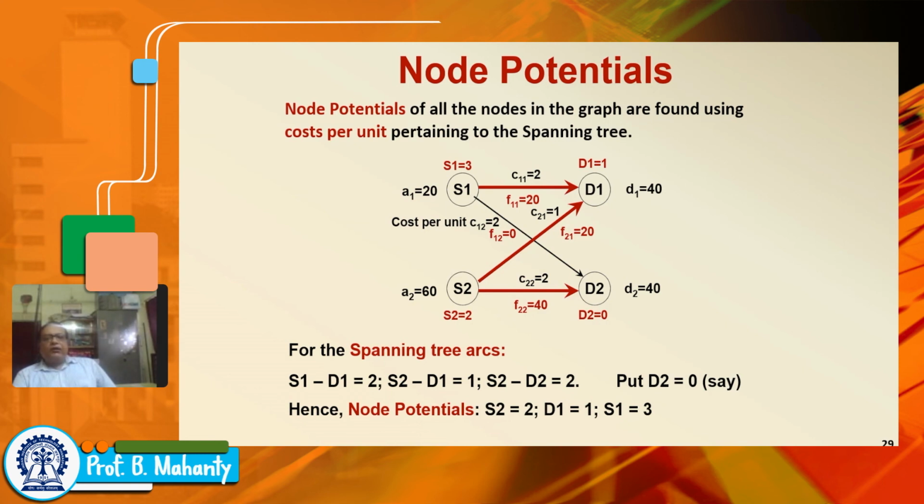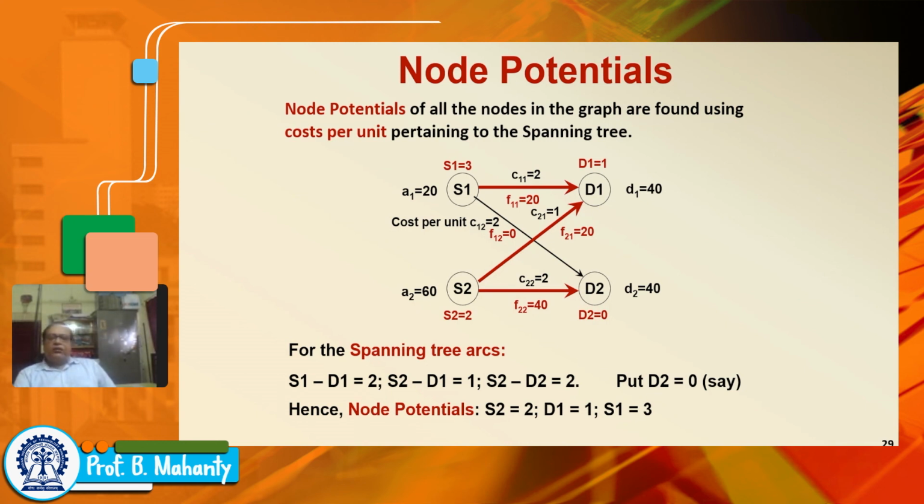And what is the corresponding cost per unit, Cj? Cj is 2. So 2 minus 3 will be the Cj minus Zj for S1 to D2. How will it help? It means it is going to be a profitable arc, and it is meaningful to send some material from S1 to D2, which can then be further exploited.